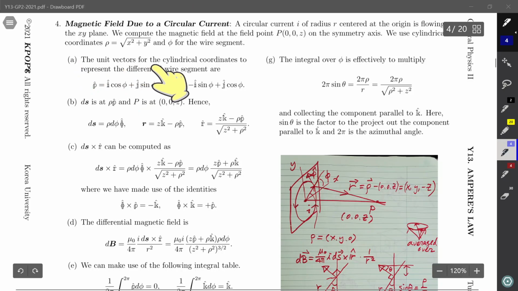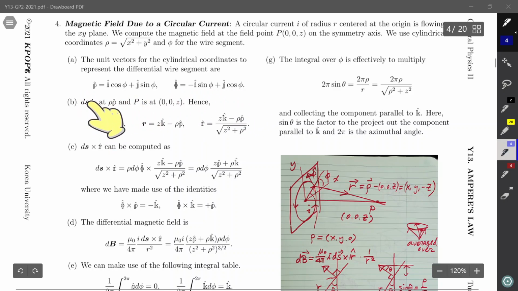The unit vectors for the cylindrical coordinates to represent the differential wire segments are the rho direction, i hat, j hat cosine phi, and the phi direction, the tangential direction, which is minus sine phi, cosine phi.